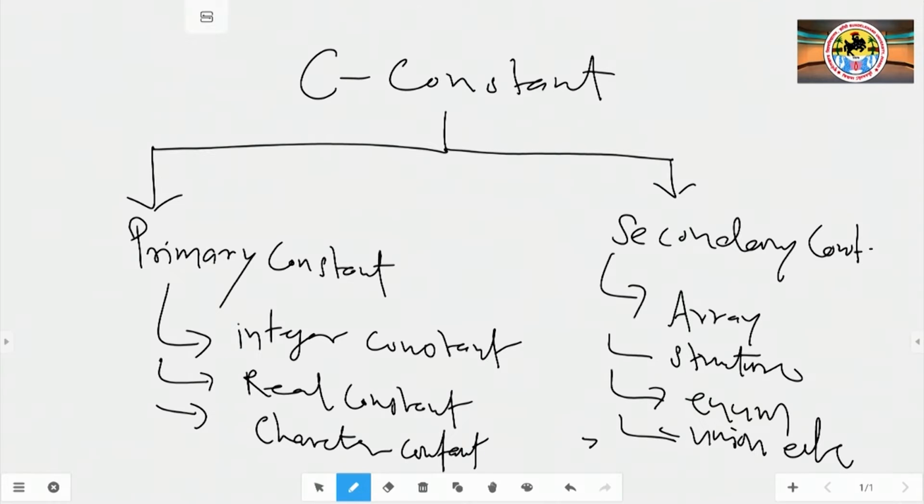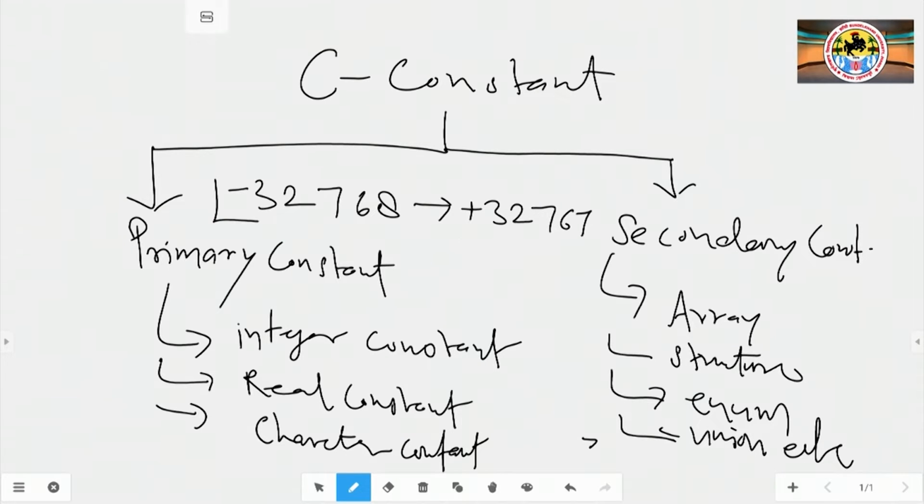Integer constant. Integer constant is the constant which is fixed in nature and it has a certain range in the C language. The range of the integer constant in C language is minus 32,768 up to plus 32,767.